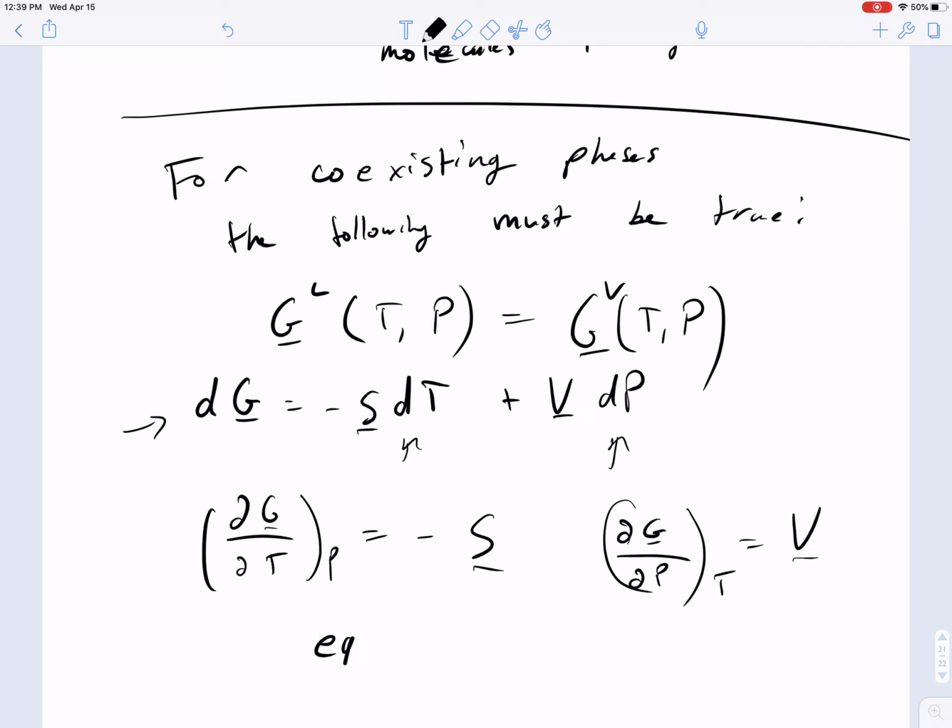Recall, equilibrium requires that the temperature in both phases are equal. If they're not equal, there will be a temperature gradient, and a temperature gradient will cause there to be a flow of energy in all cases.